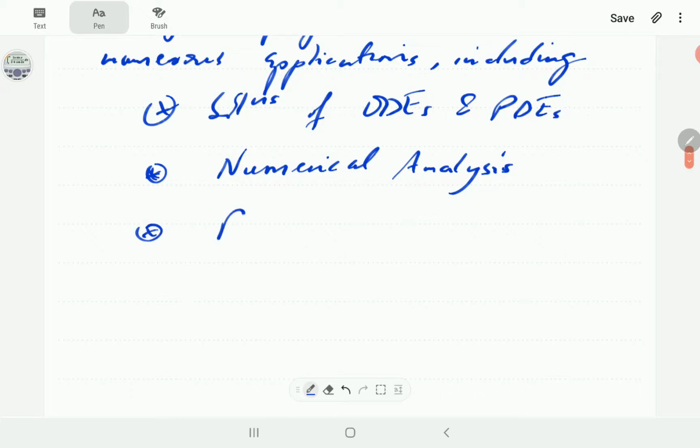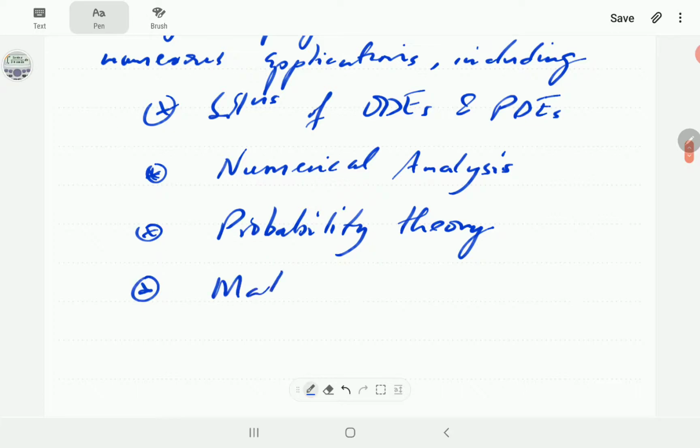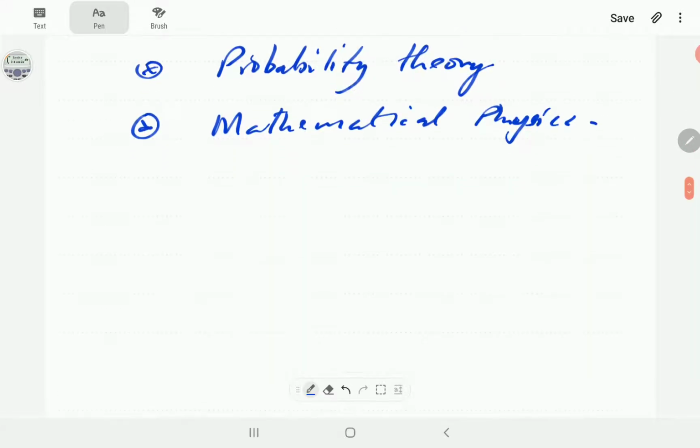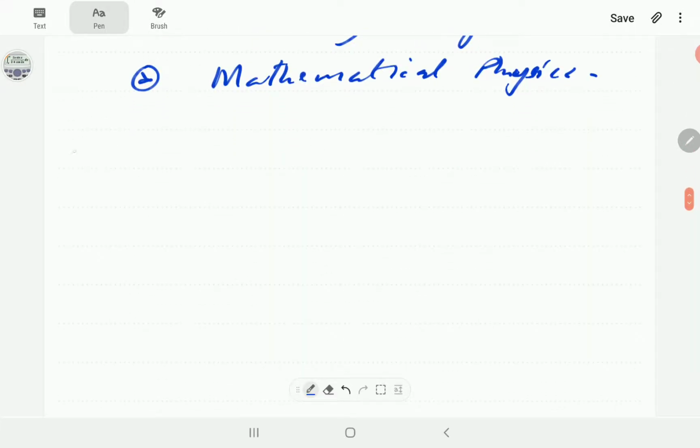They are also applicable in probability theory, and of course they're applicable in mathematical physics.